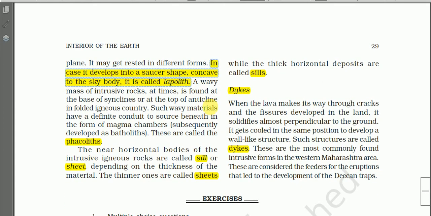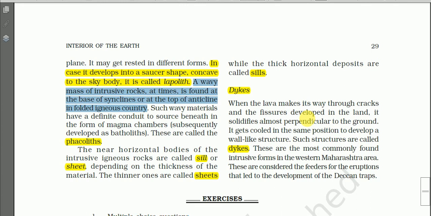A wavy mass of intrusive rocks at times is found at the base of synclines or at the top of anticlines in the folded igneous country.